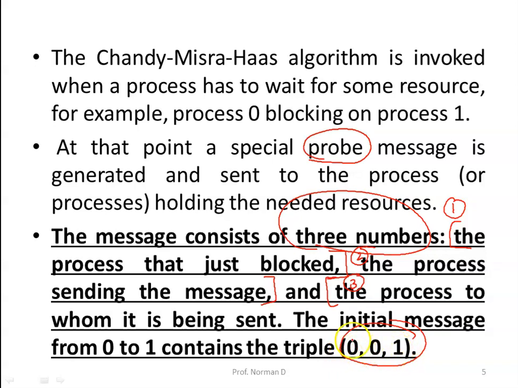So why is it 0, 0, 1? Because the first parameter is the process that has just blocked. The second parameter is the process sending the message, because the message is sent by process 0, and the third parameter is the process to whom it is being sent. So the probe message was sent from 0 to 1.